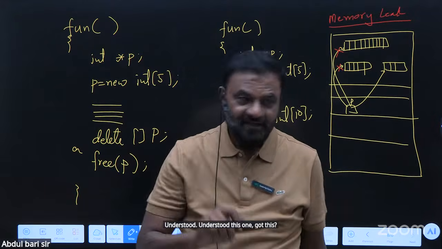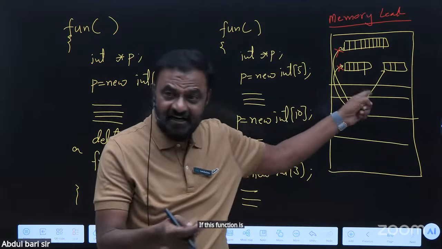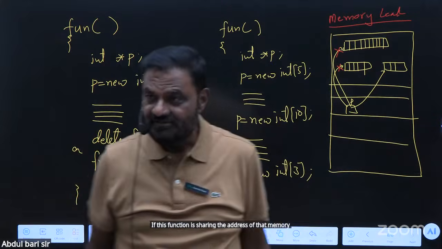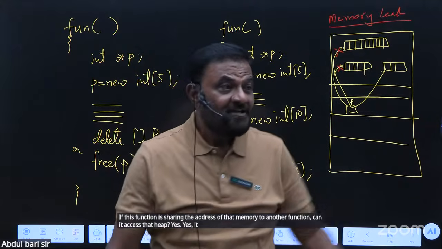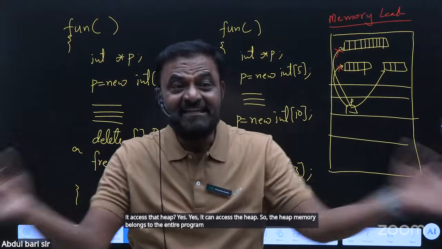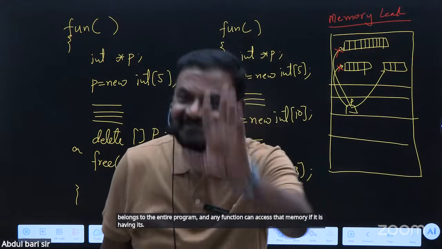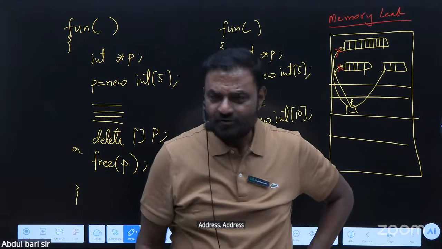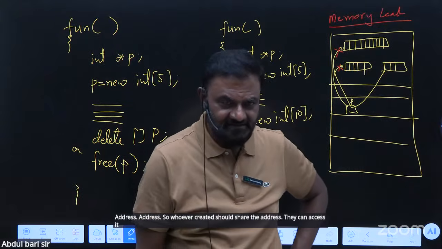Now one more thing. If this function is sharing the address of that memory with another function, can it access that heap? Yes, it can access the heap. So the heap memory belongs to the entire program, and any function can access that memory if it has its address. Whoever created it should share the address. Then others can access it.